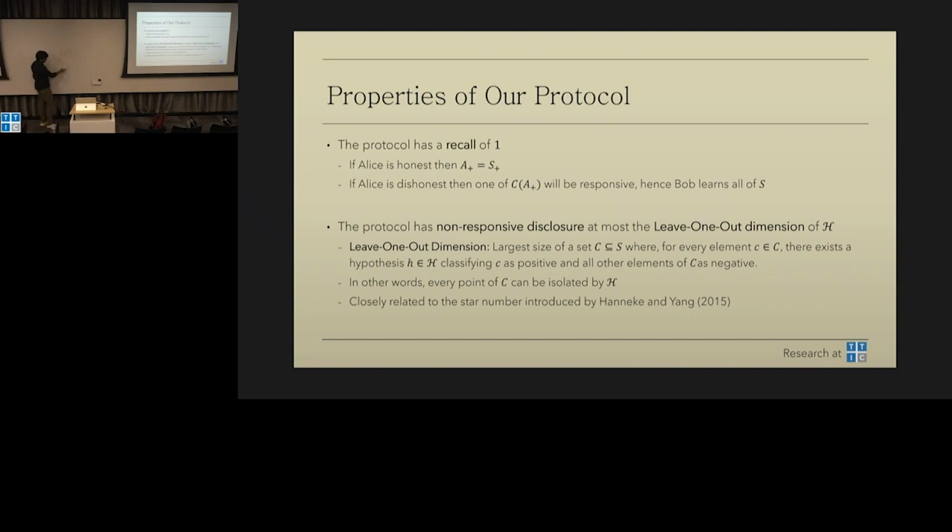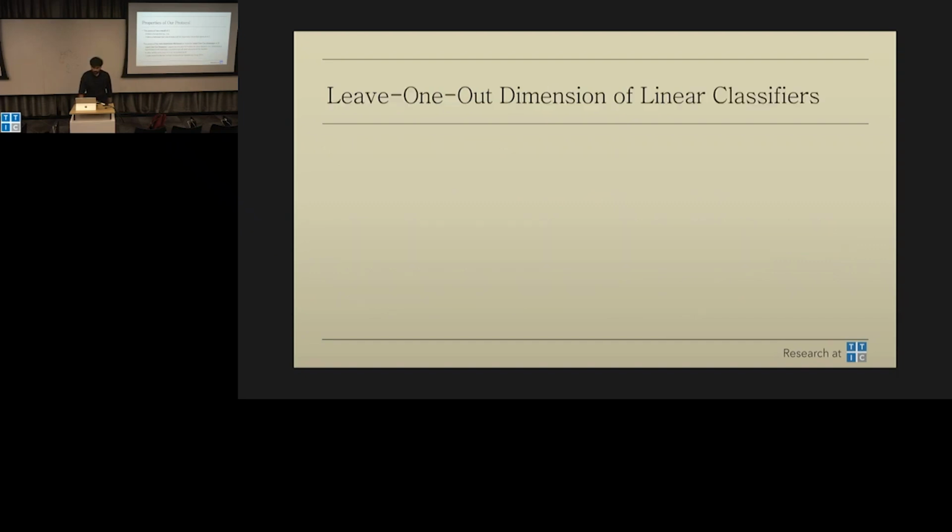But what is important is just the behavior of the hypothesis class on the critical point set. It was able to isolate every point. That's why you added it to the critical point set in the first place. So it is not very difficult to see that the non-responsive disclosure is exactly the leave one out dimension of the hypothesis class. I'm probably not saying it very well, but if you just unpack the definitions, this comes out.